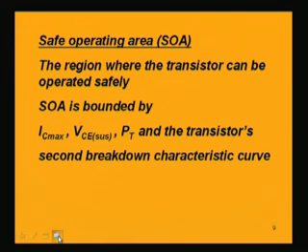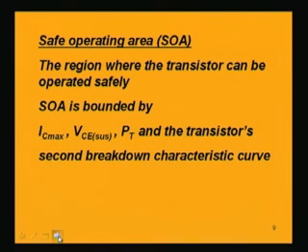We will find an area which is safe for operation of the power transistor, which will be limited by the maximum collector current, maximum VCE as well as maximum power dissipation.